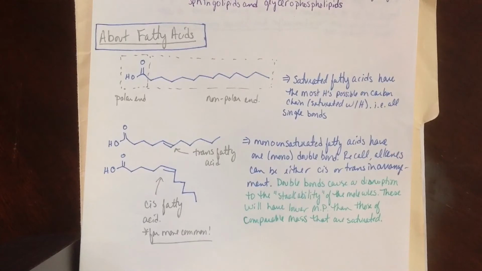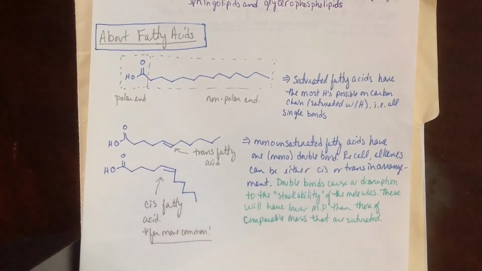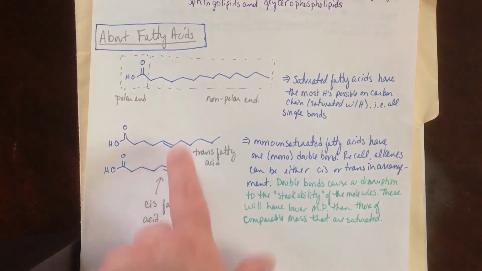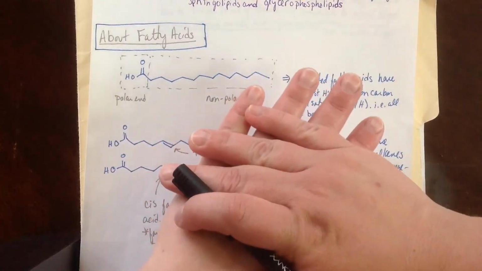When you have a double bond, it can actually disrupt the stackability of the molecules, especially if you have something like this. So what it does is it actually takes the melting point down, because these aren't going to stack as well as these will. So these have more surface area to kind of interact more, right?